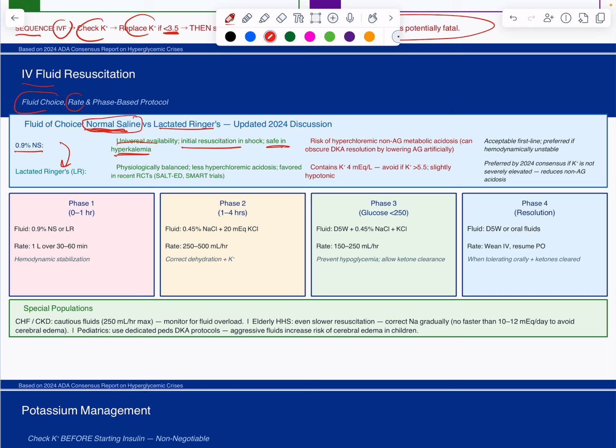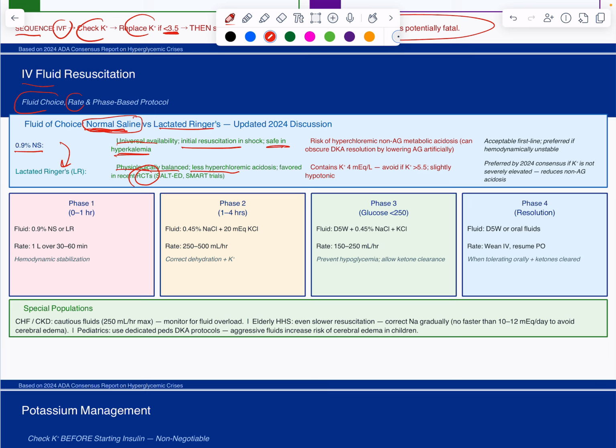The benefit of LR is that it's more physiologically balanced, so it will not cause hyperchloremic acidosis, and some RCTs prefer LR. The downside of LR is mainly that it has potassium. So if the patient is already hyperkalemic and you give LR, that can worsen the hyperkalemia.